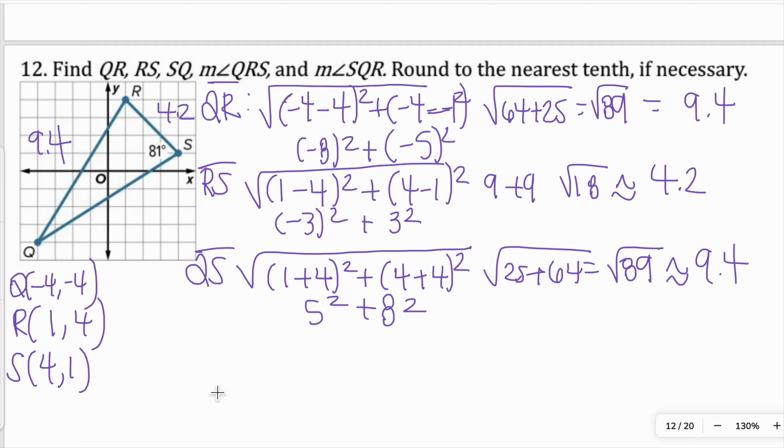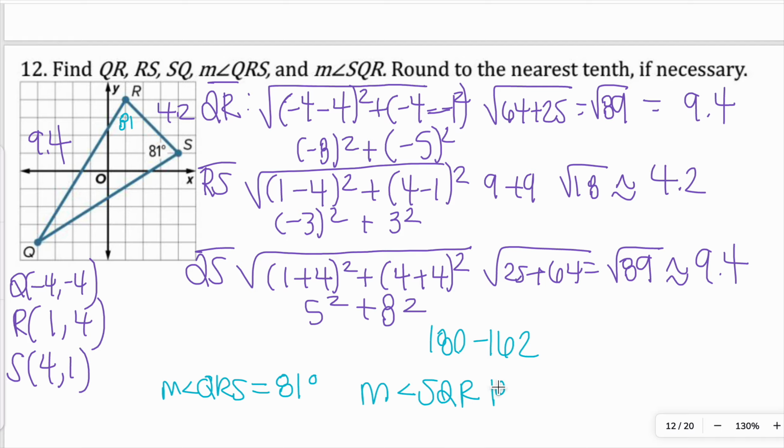And because it's an isosceles triangle, that means the measure of angle QRS should also be equal to 81 degrees. And then 81 times 2 is giving me 162. So 180 minus 162 is going to give me the measure of angle SQR, which is 18 degrees. So there we go.